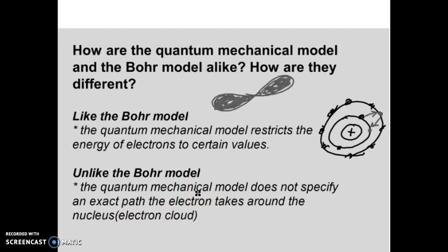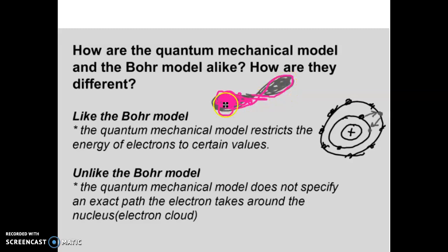The way that they are different is that the quantum mechanical model, the one we've been working on with the S, P, D, and F orbitals, does not specify an exact path that the electron takes. In fact, it says no, it's not like planets orbiting around the sun. It's a cloud, an area of probability surrounding the nucleus of the atom. The electron might be anywhere in this whole cloud.